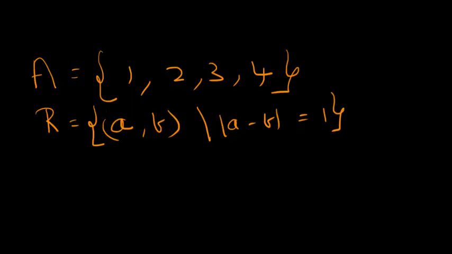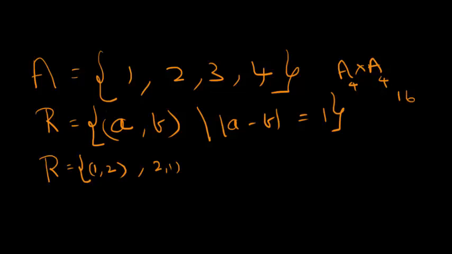A cross A is going to have 16 elements, because the first set has 4 and the second set has 4, so 4 into 4, 16 elements.